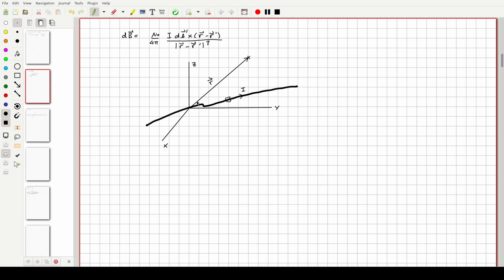This is the assumption that we're going to be making for quite some time. So dl vector is in the direction of the current itself, and that's what we're integrating over. Now, R prime locates that little bit of current relative to the origin.